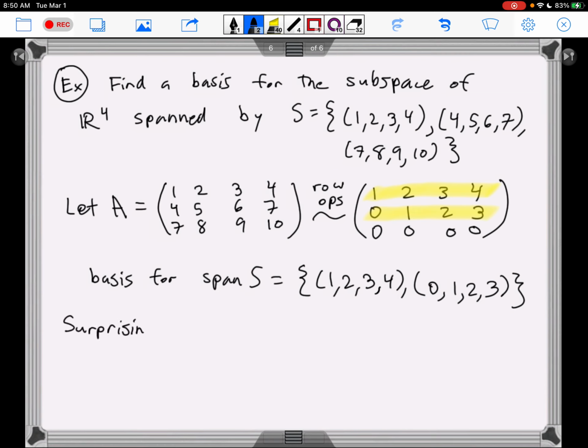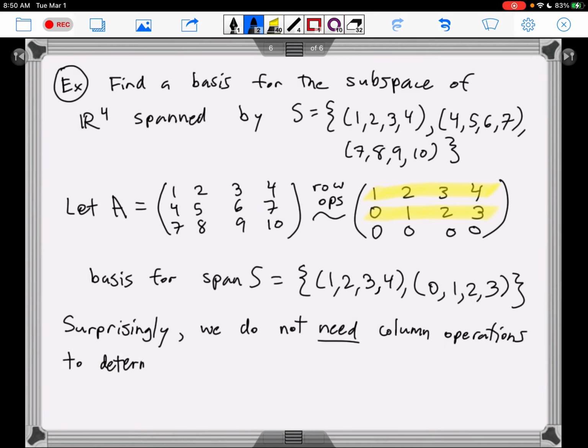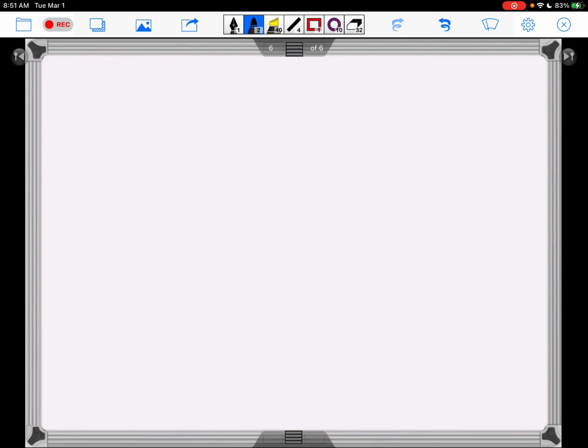Surprisingly, we do not need column operations to determine a basis for the column space of A. So we have a nice theorem that explains how we can find the column space using a very similar method to what we just did, okay?